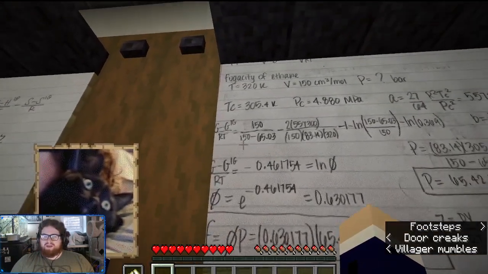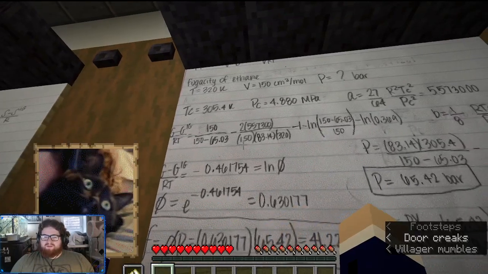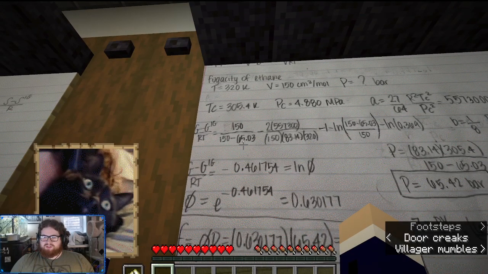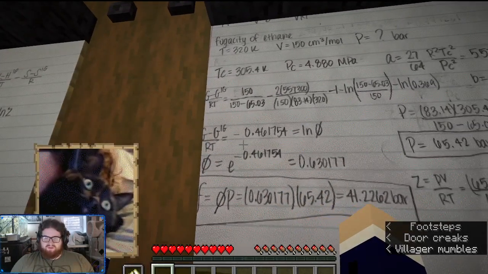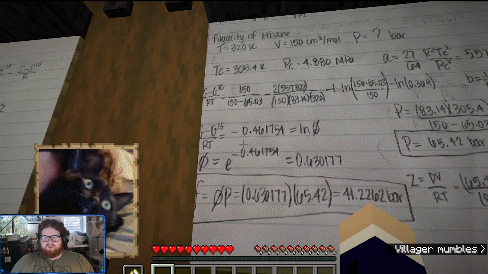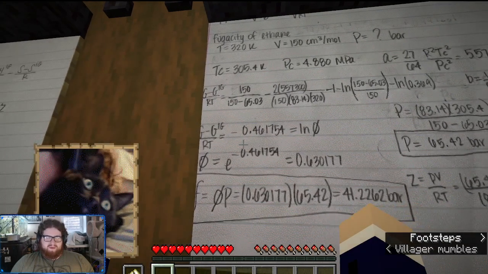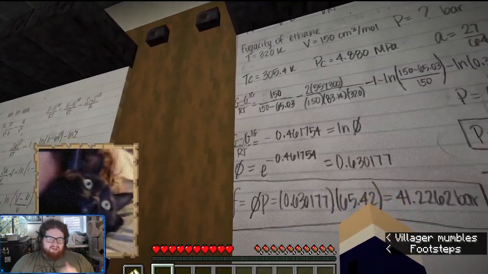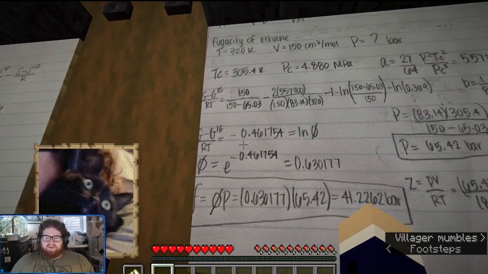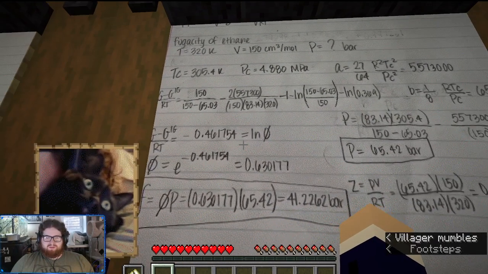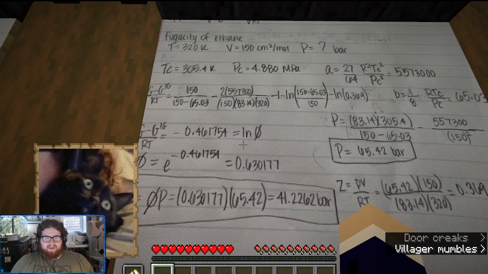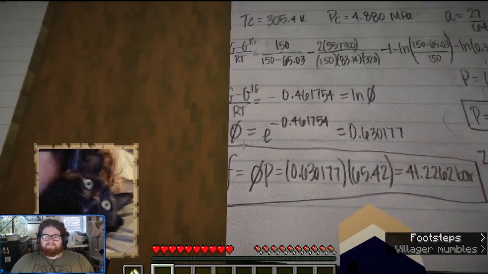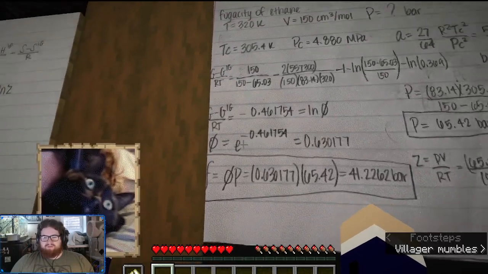So we can plug it into our Gibbs departure function to get a value for that, which will end up being negative 0.461754. Now we know that the Gibbs departure function is equal to the natural log of phi, and so we'll solve for that.